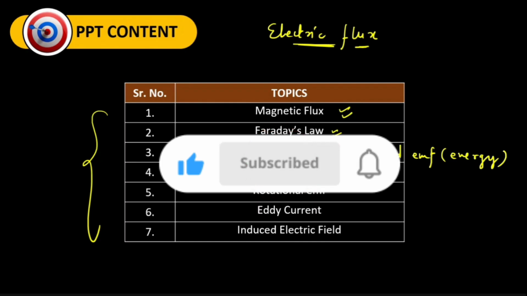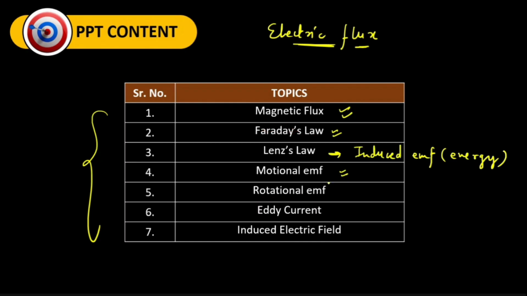Then we'll talk about motional EMF, again a different thing. When we reach this topic, you'll get to know more about it. Then rotational EMF. Then we'll talk about eddy currents. Eddy currents are one such application of magnetic flux, because of which we do see many negative aspects as well as some positive aspects. One such application of eddy currents is electromagnetic braking.